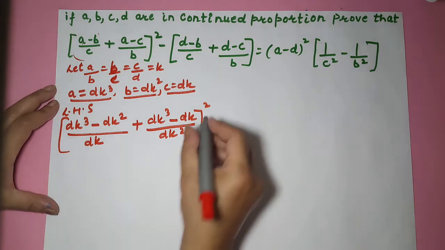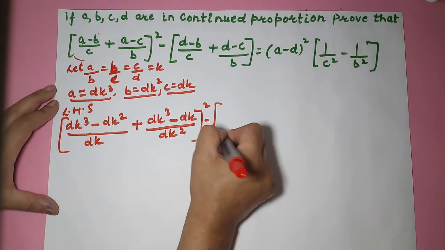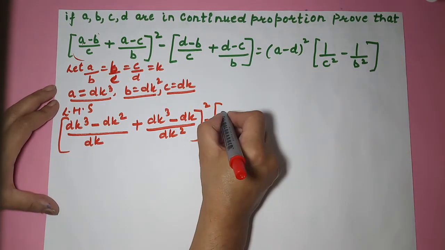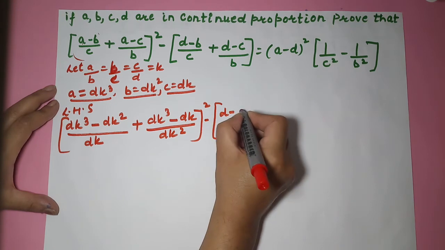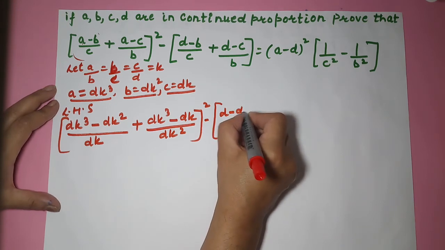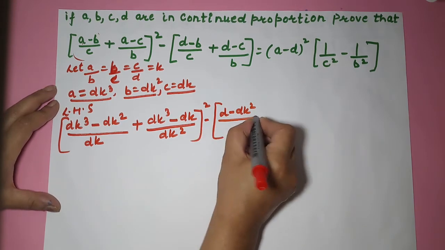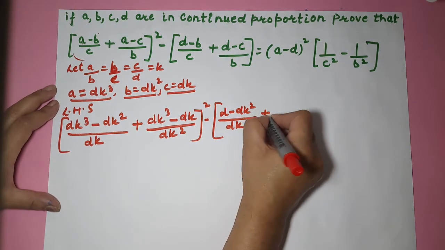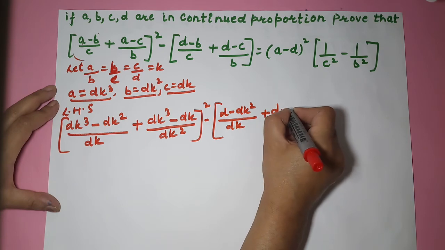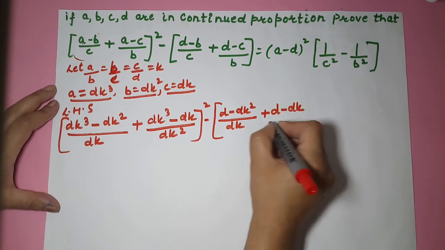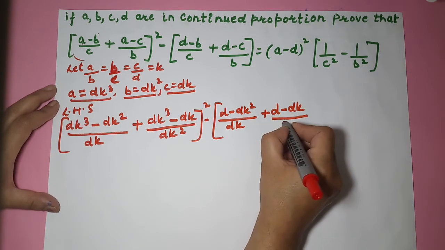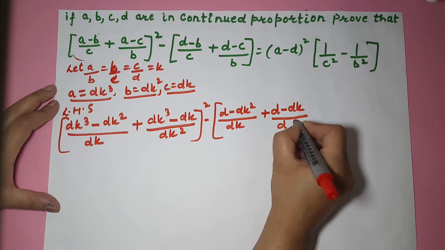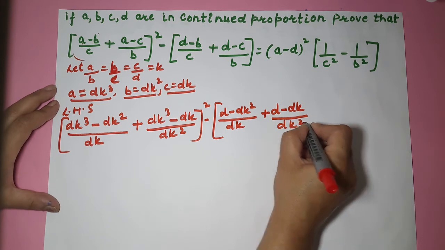Right? Now another I have D minus B. D I don't have to replace, but B I have DK square. Divided by C I have DK. Right? Plus D I don't have to replace, minus C I have DK upon B I can write as DK square. Fine.